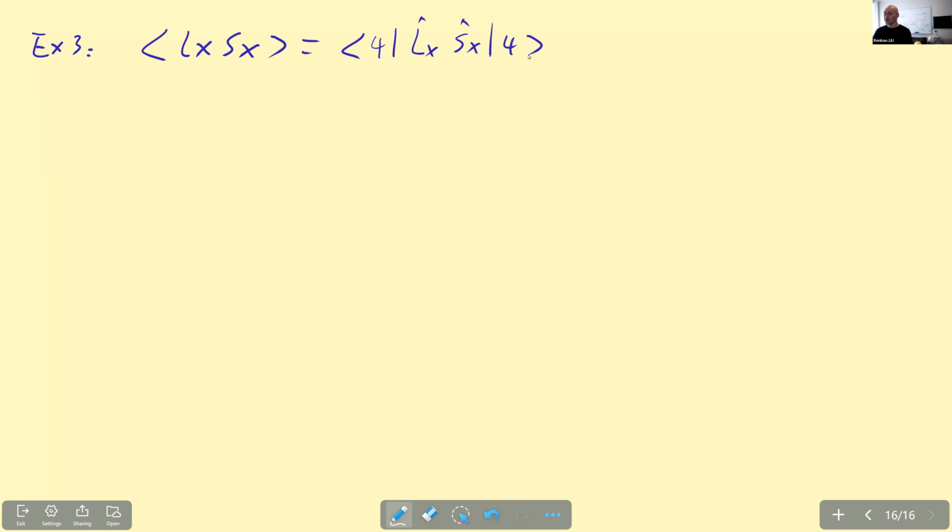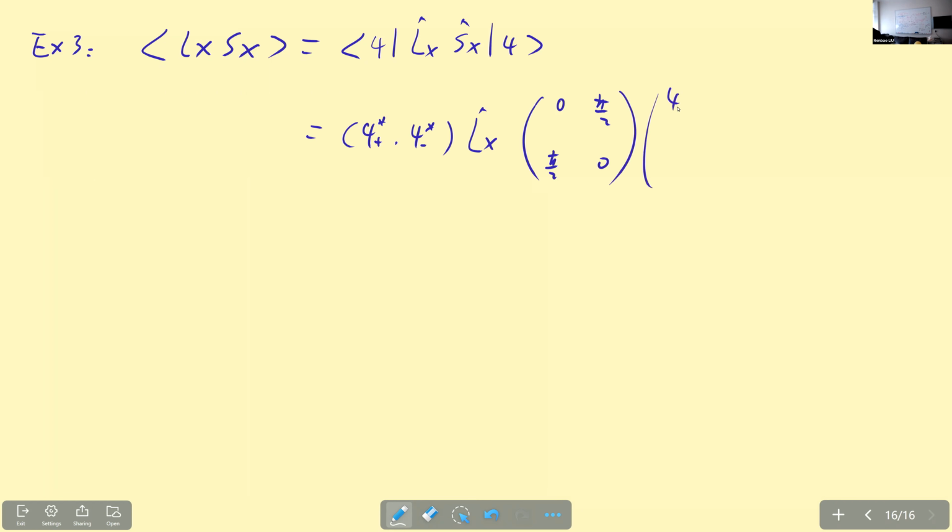So again, Sx can be written as ħ over 2 times the matrix 0, 1, 1, 0. And this acts on ψ+, ψ-. So you first do the matrix operation first. That's a spin operator.